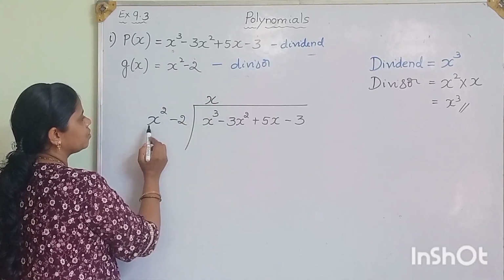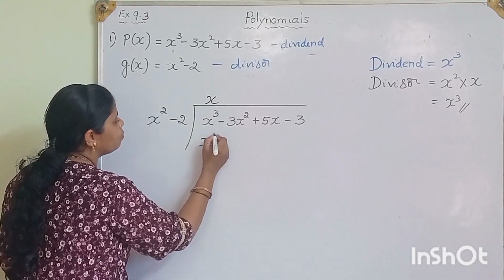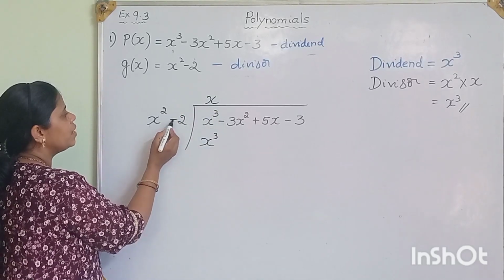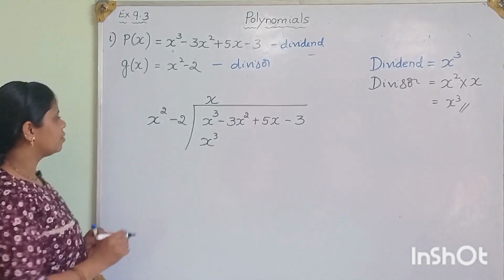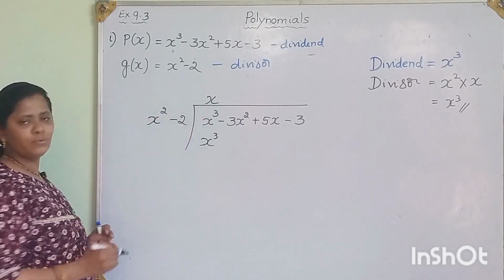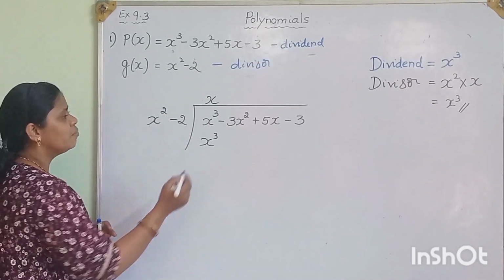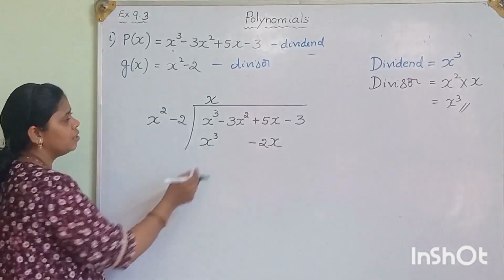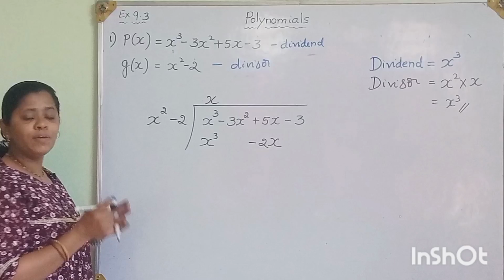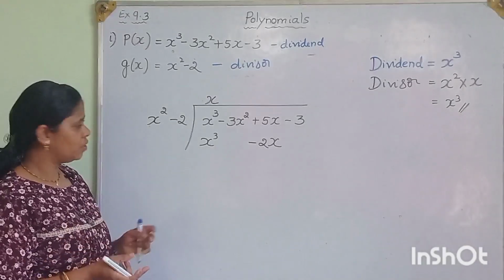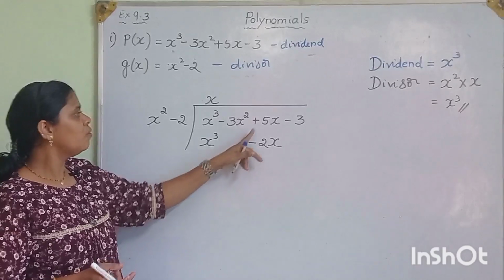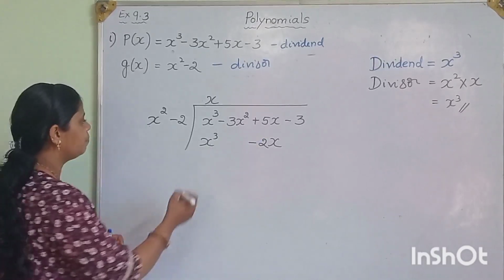X square into x is x cube. Minus into plus is minus. 2 into x is 2x, but minus 2x I will write below the x term, because we will not get the x square term.